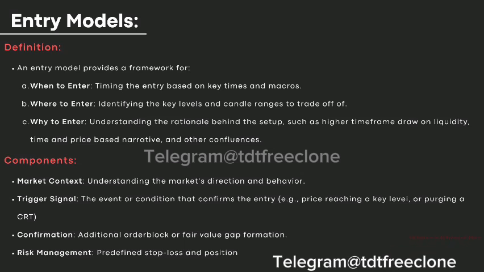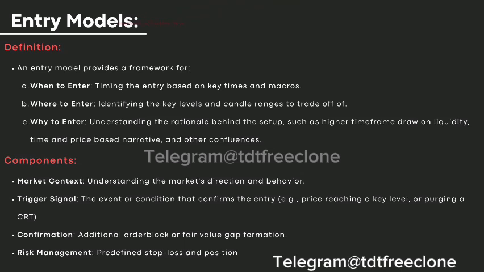It could be in the form of a liquidity purge, a turtle soup, an order block forming, or price reaching a key level or purging a candle range, right? These are the different triggers, the different events that help us identify the signal that tells us it's now time to execute the trade idea that we've been waiting for.